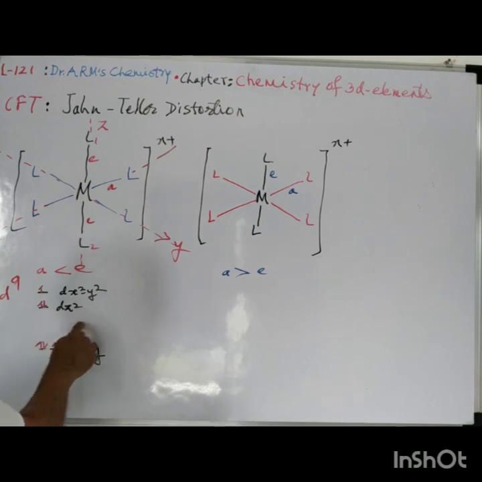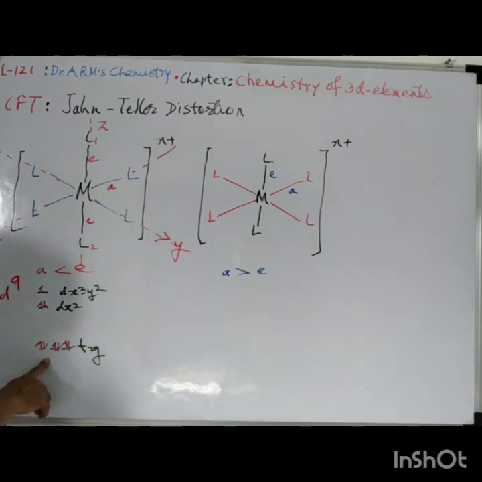Now here you will see that the electron density is lying in between x, y, z and zx, these T2G orbitals.